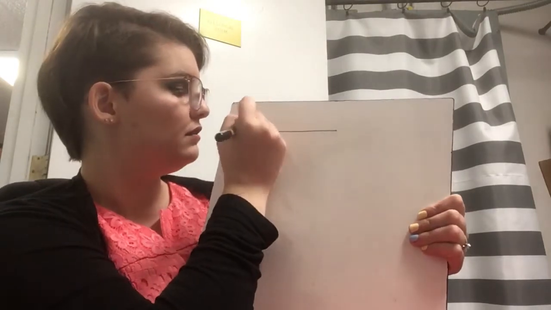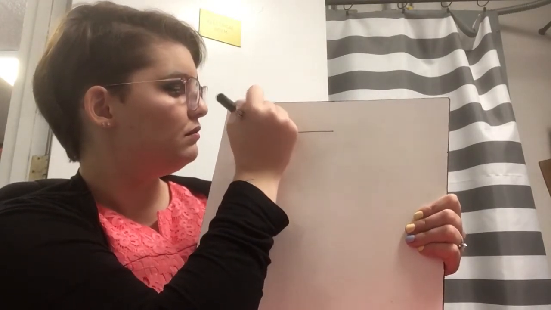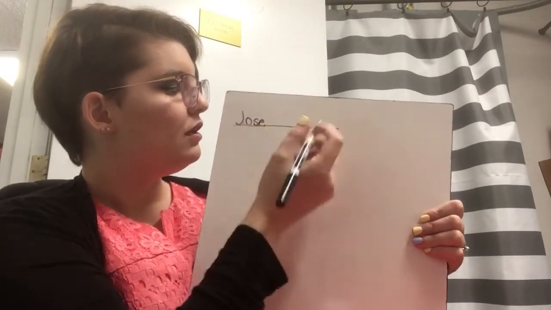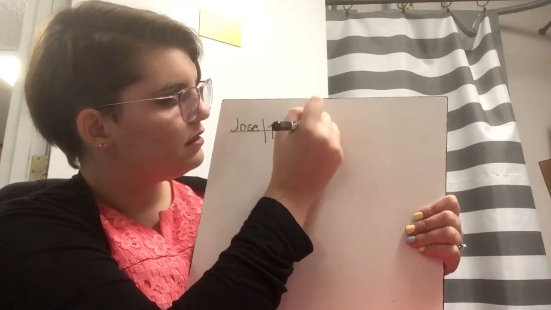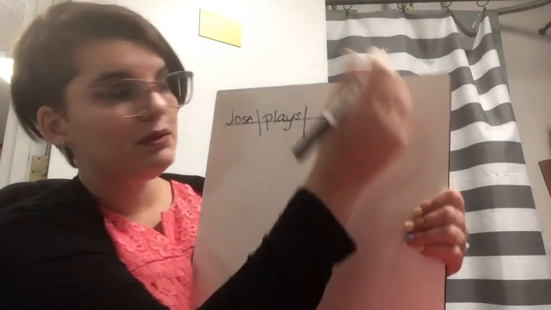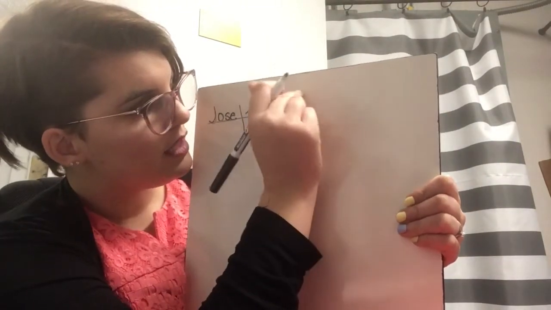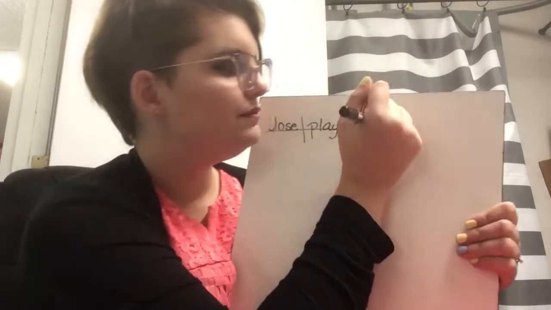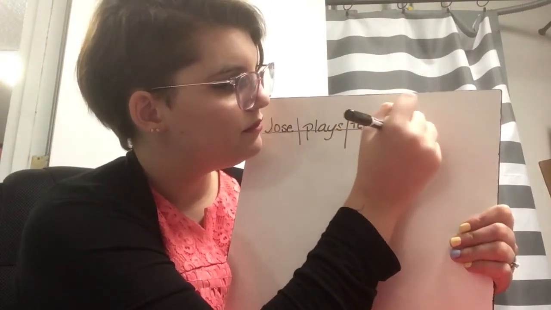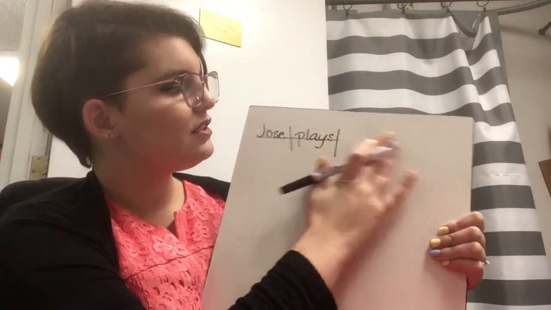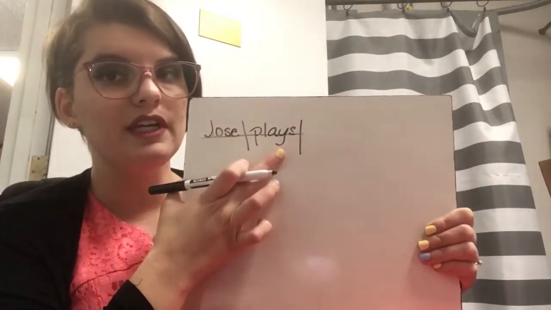Let's look at Jose plays tennis first. Our subject is what? Jose. What does Jose do? He plays. And what does he play? Tennis, not soccer. So the part it's looking for right now is just Jose plays.